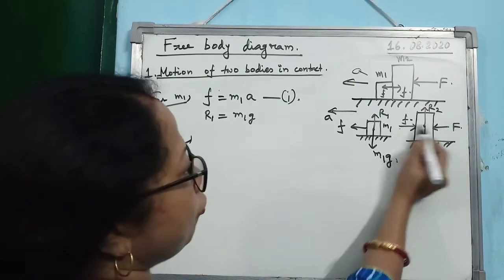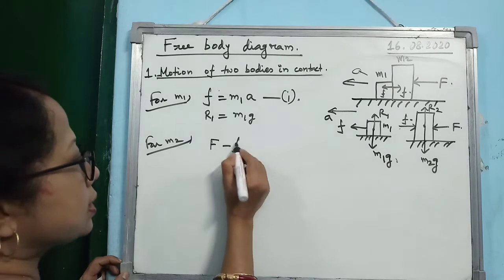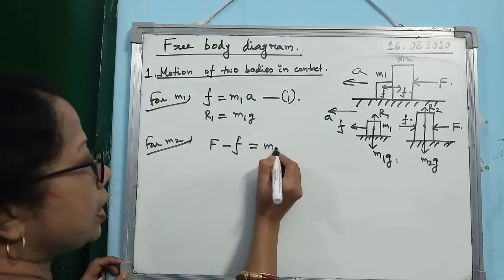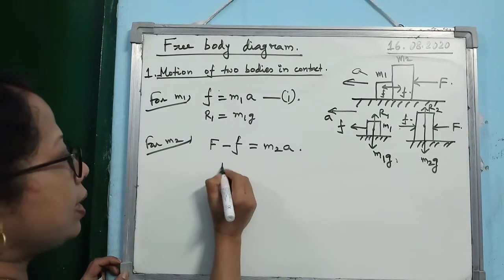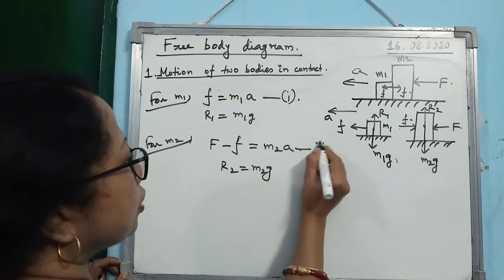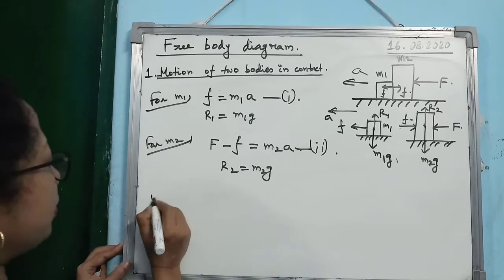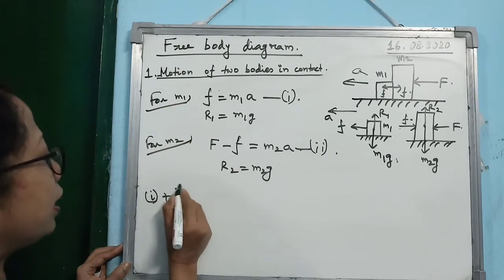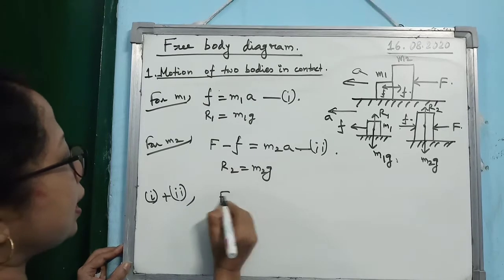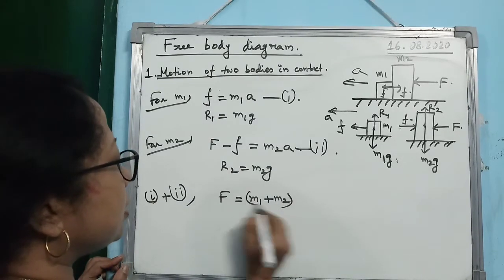You see, F is in this direction, small f in the opposite direction. So resultant is F minus f is equal to M2 into A, and R2 is equal to M2G. So if this is equation 2, then adding equation 1 and 2, what are you getting? F is equal to again (M1 plus M2) into A.